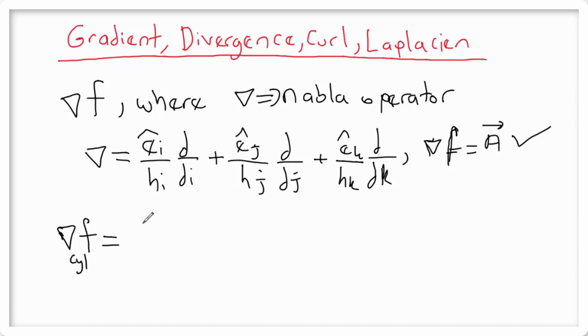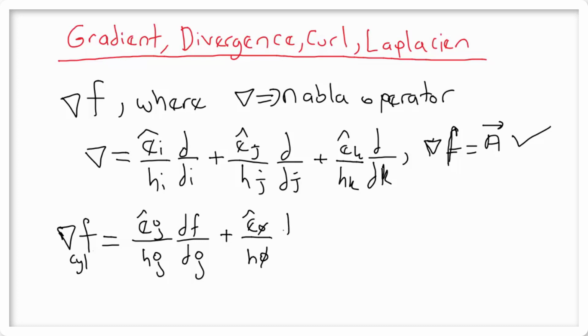So, will it be like this? e rho over h rho, dl f over dl rho, plus e phi over h phi, dl f over dl phi, plus, of course, what we call k will now be z: e z divided by h z, dl f over dl z.